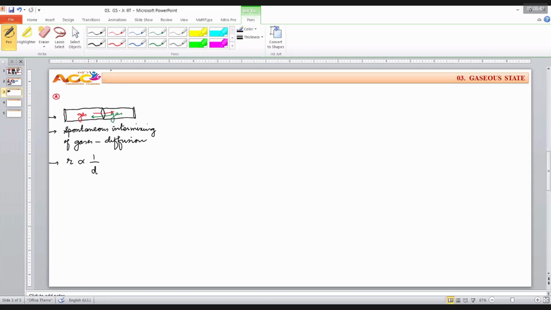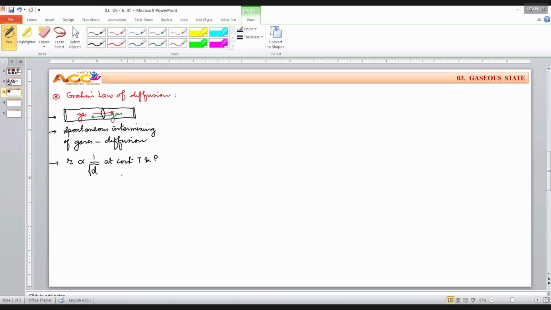But there was a fellow by the name Graham. He took mathematical and experimental calculations and declared what we are discussing today under the heading of Graham's law of diffusion. According to Graham's law, the rate of diffusion of a gas is inversely proportional to the square root of density at constant temperature and pressure.